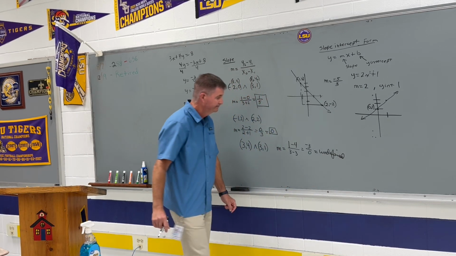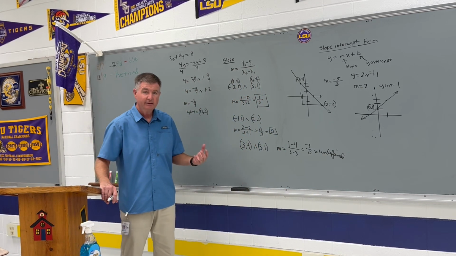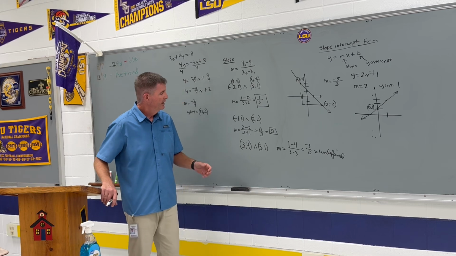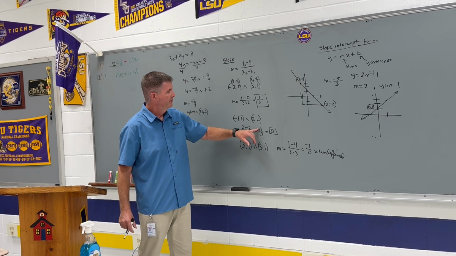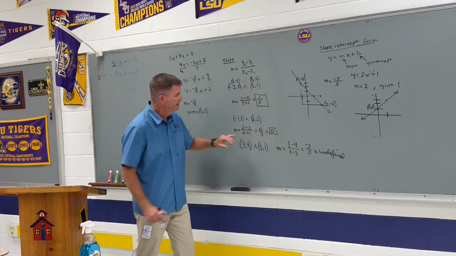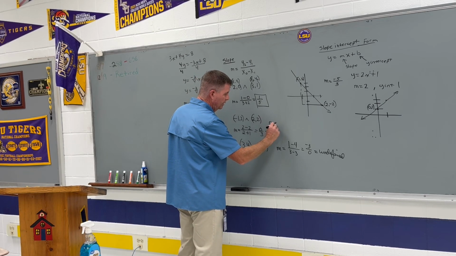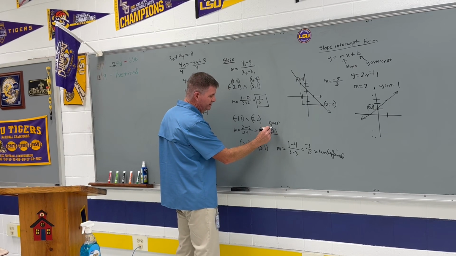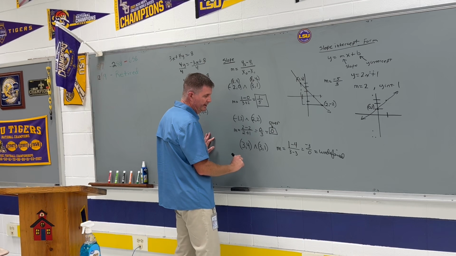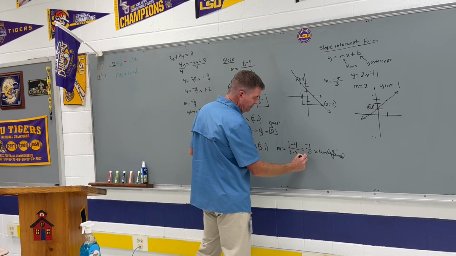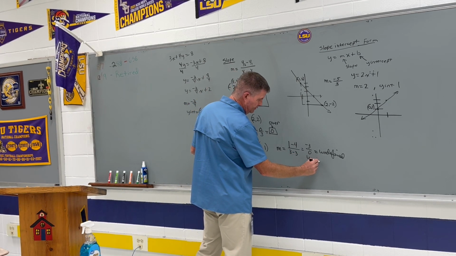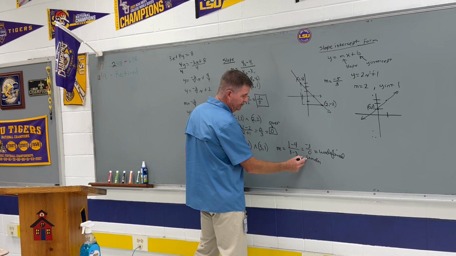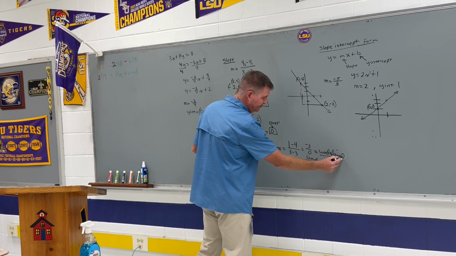Can't happen. And the way I try to teach to remember it is if 0 is over the number, over starts with an O, so 0. If 0 is under the number, under starts with a U, undefined.